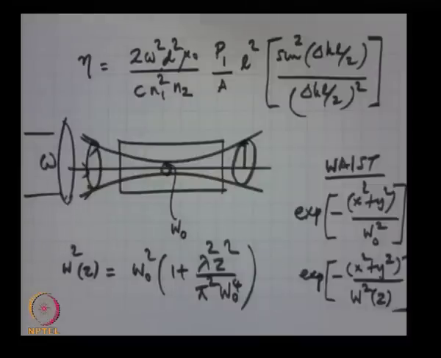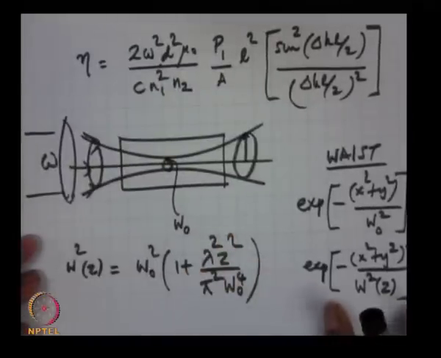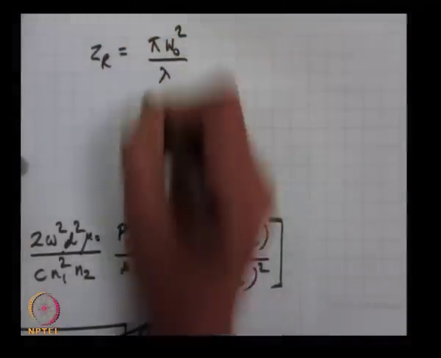Now for Gaussian beams, I can define a distance where W changes by a factor of √2. What is that distance? From this formula, when Z is such that this quantity becomes 1, then W increases by a factor of √2. So this is called the Rayleigh range. This distance is equal to pi W0 square by lambda.